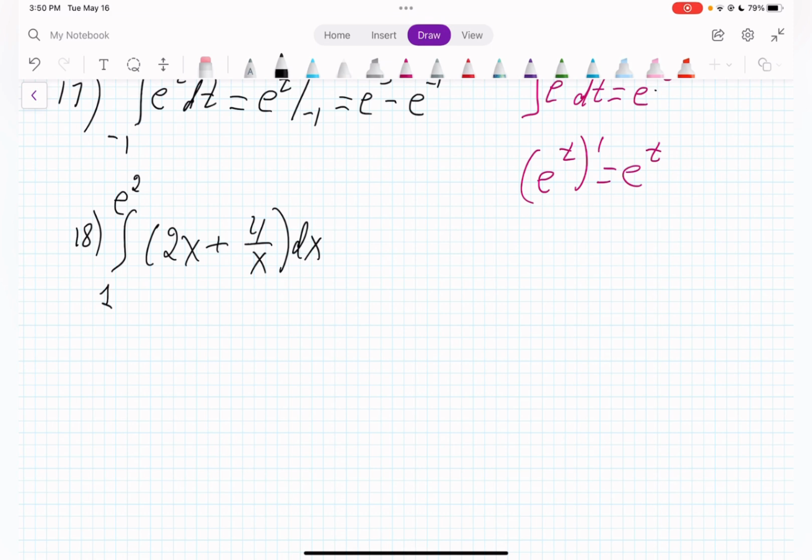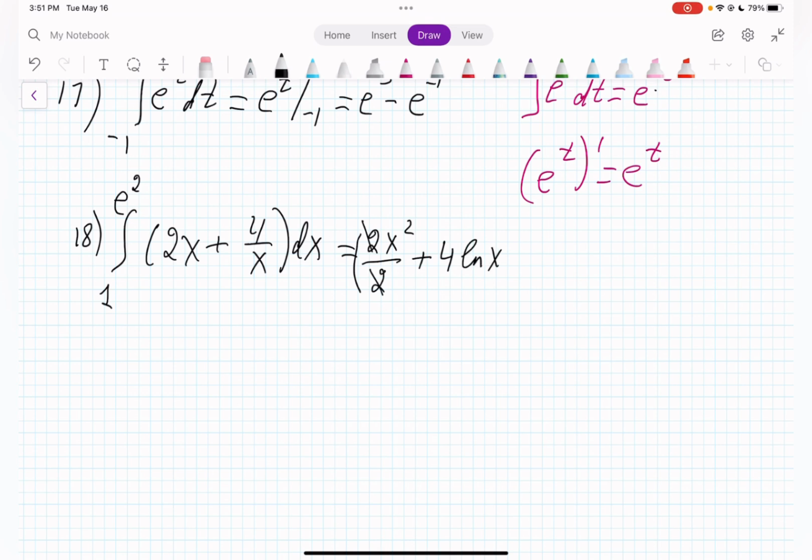All right? So let's start working. First of all, we're going to take integral of 2x. It's going to be 2x squared over 2, right? This is gone. Put here parentheses. Plus, this is going to be 4 times 1 over x, right? We are going to get logarithm. 4 logarithm x.